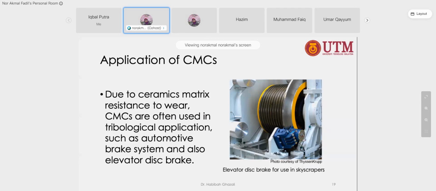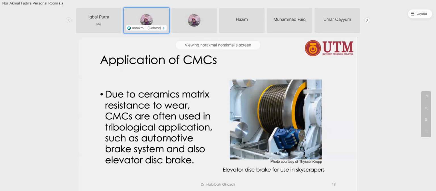To obtain wear resistance, you need to have high hardness. Which material has high hardness? Of course, ceramic, and it must be in the form of matrix. If the ceramic is in the form of reinforcement, the majority of the material is non-ceramic, so it cannot be applied for this kind of application.